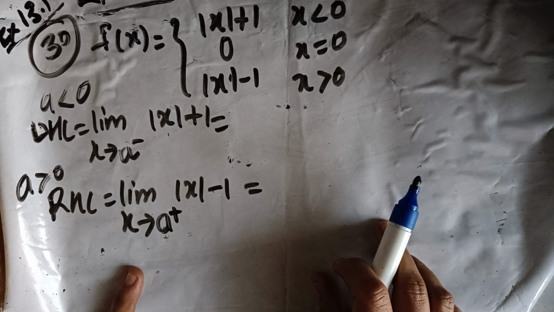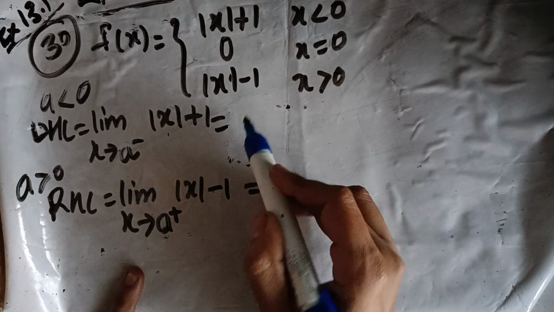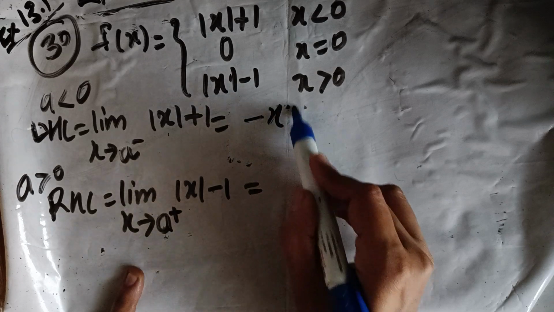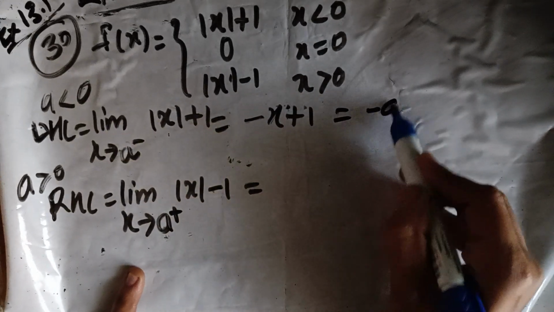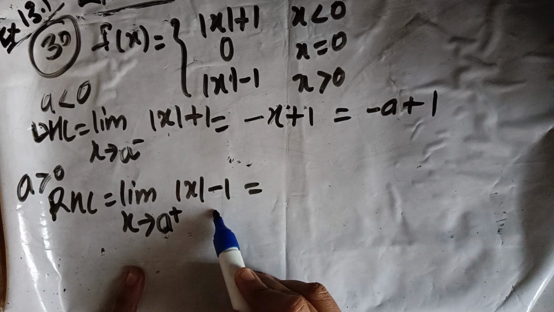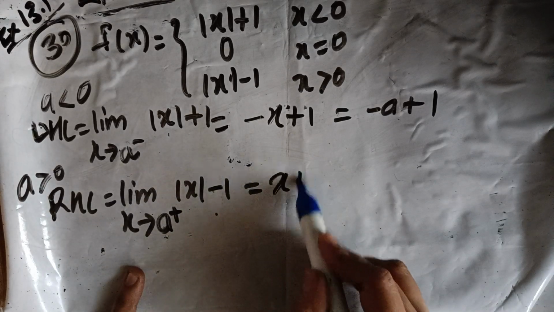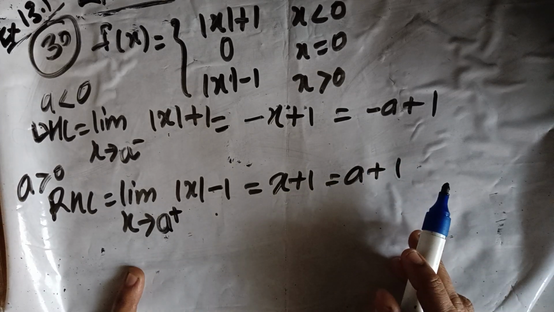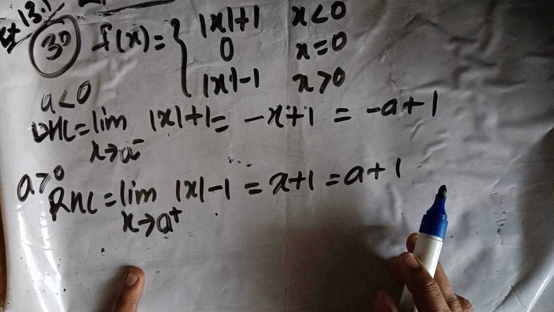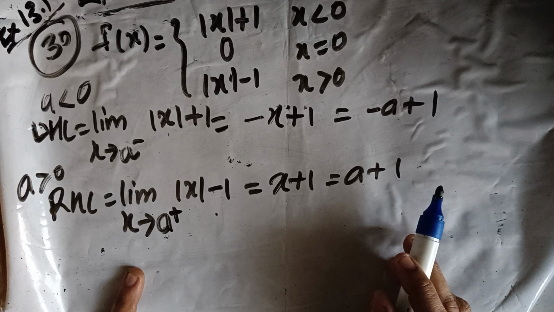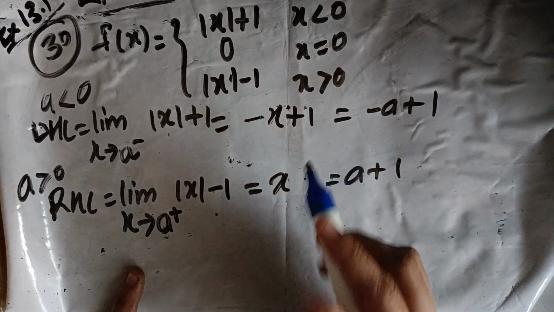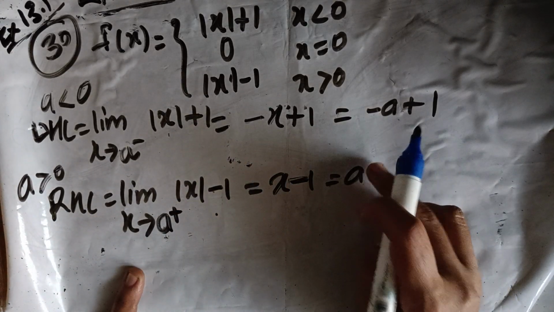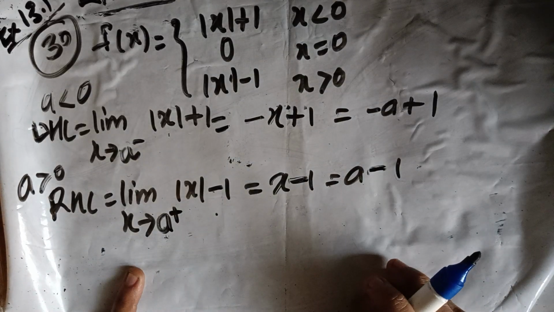Okay. So for a less than 0, this is minus x plus 1. So minus a plus 1. For a greater than 0, x plus 1, a plus 1. Okay. Some mistake I've done again. A minus 1.